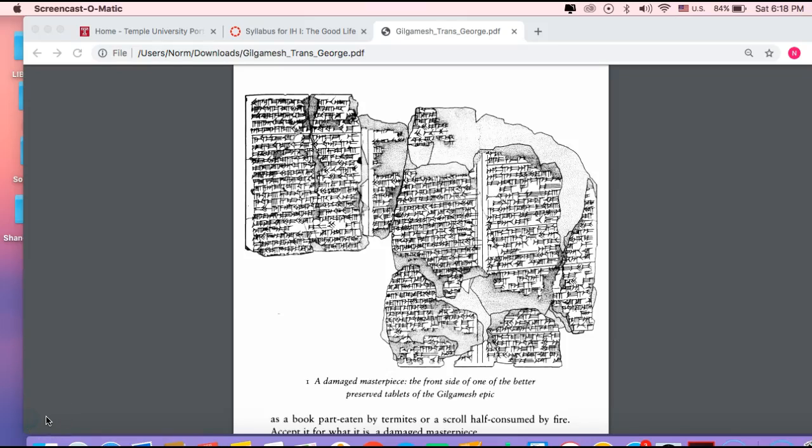Sin-leqi-unninni's standard narrative of 11 tablets was entitled He Who Saw the Deep. So the Epic of Gilgamesh is a modern rendering of the title, and it's an interpretive rendering.